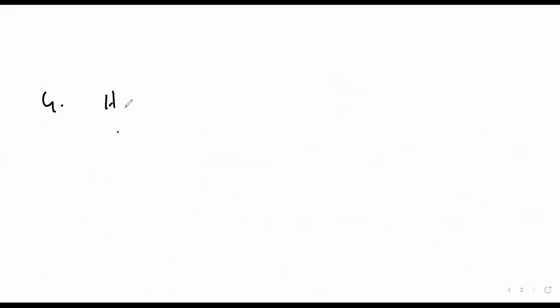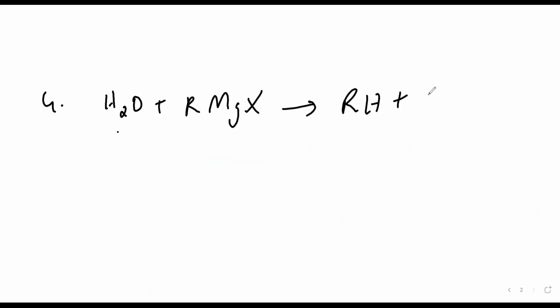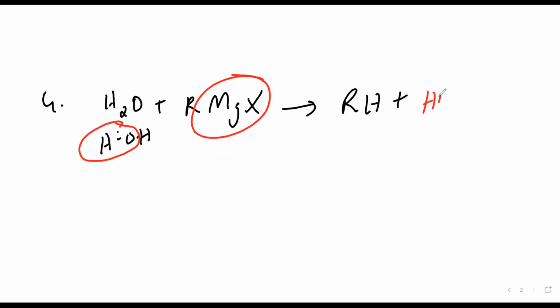If I take water and Grignard reagent RMgX, I can write H2O as HOH if you want. The HO will go with MgX, HOMgX, and RH will be formed.